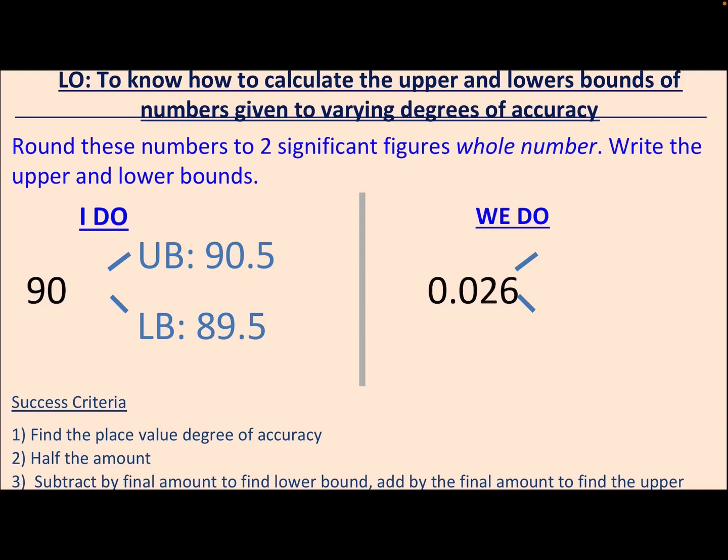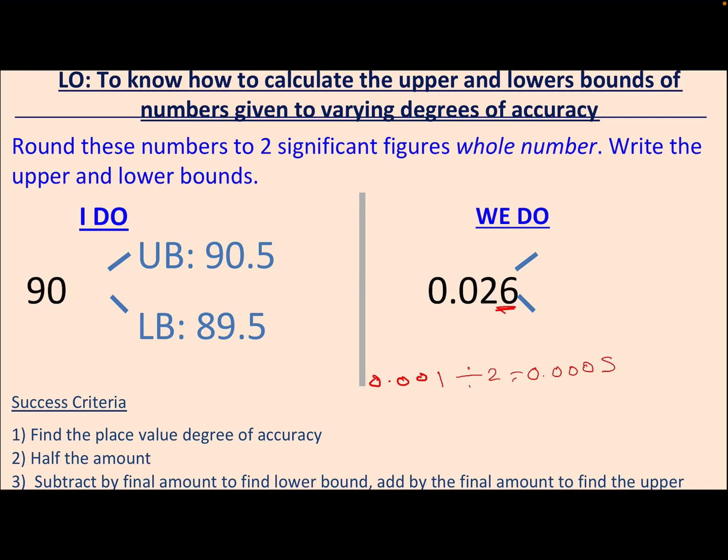Alright, so I'm going to quickly go over how to do this. We need to look for the second non-zero figure, which is 6. The place value for that is a thousandth. So we're going to divide that by 2, and what we end up getting is 0.0005.